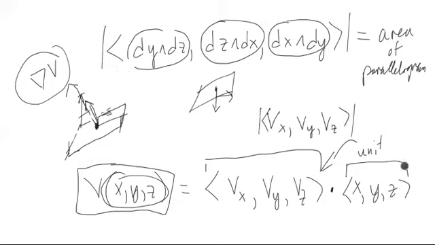And so if we stick a unit vector in here, the magnitude of this will actually be the volume. So when you use a unit vector, we actually get that this magnitude is the volume. Interesting, but we also get something else.